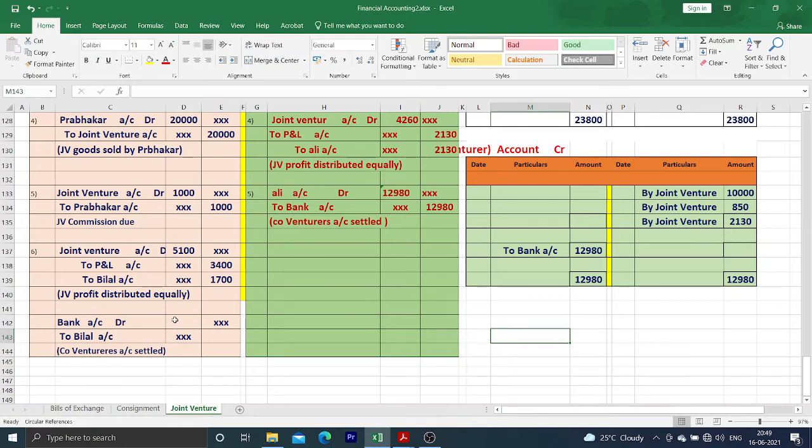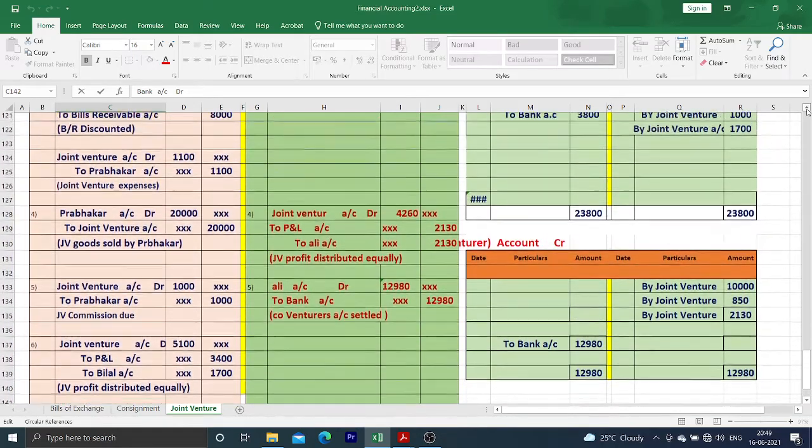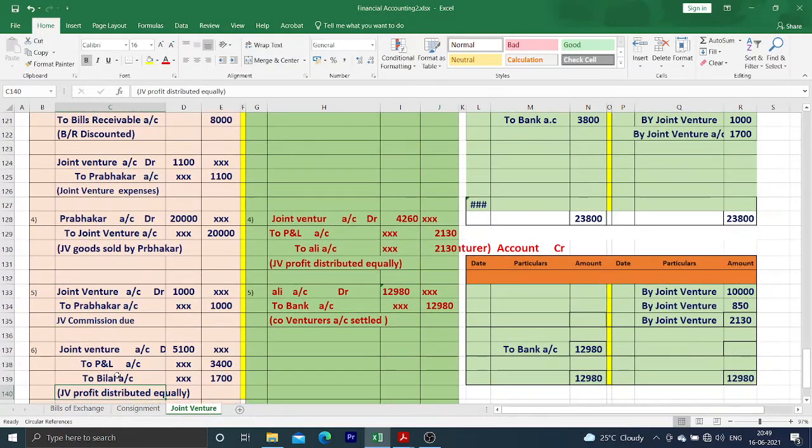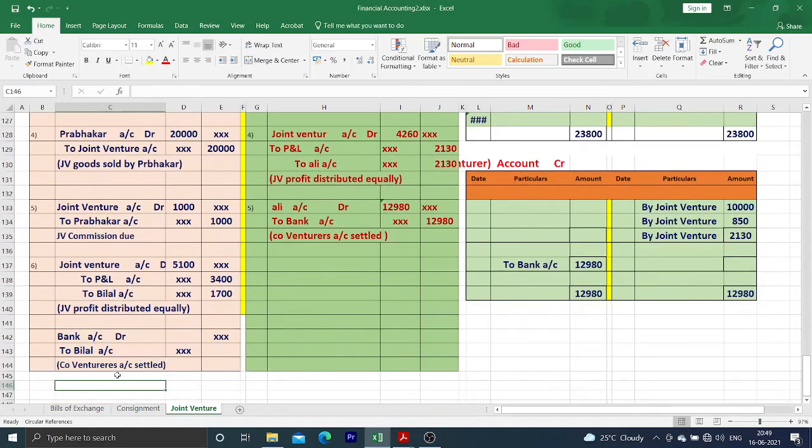Amount is 3,800. Prabhakar to bank, 3,800.